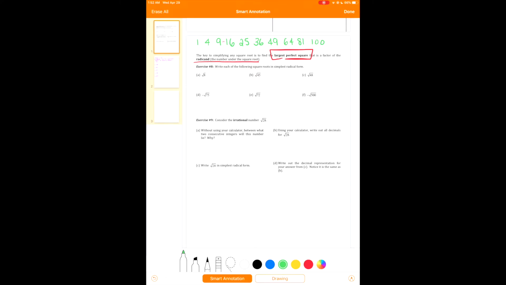So for letter A, radical 8, anything that is a factor means that it goes in evenly. So factors always have to be smaller than the number. So for radical 8, my only choices for factors on this list are 1 and 4. And 1 is going to go into everything, and you want the largest. So we never want to choose 1.